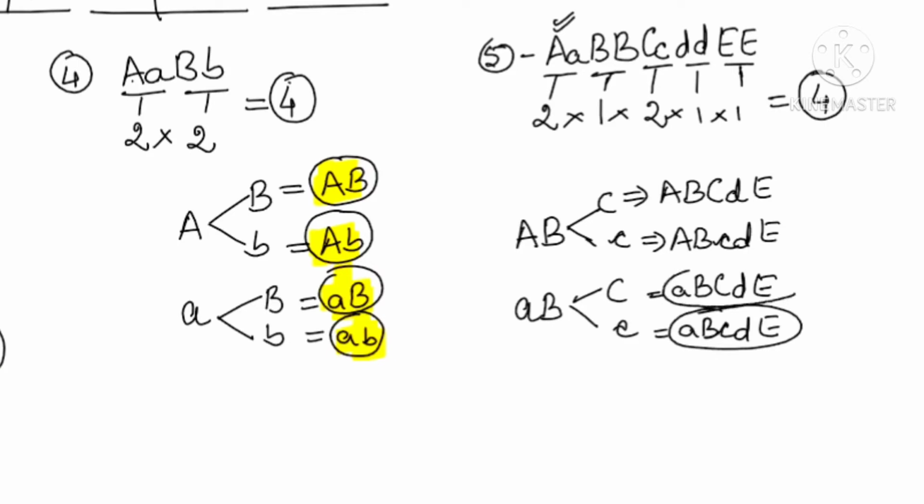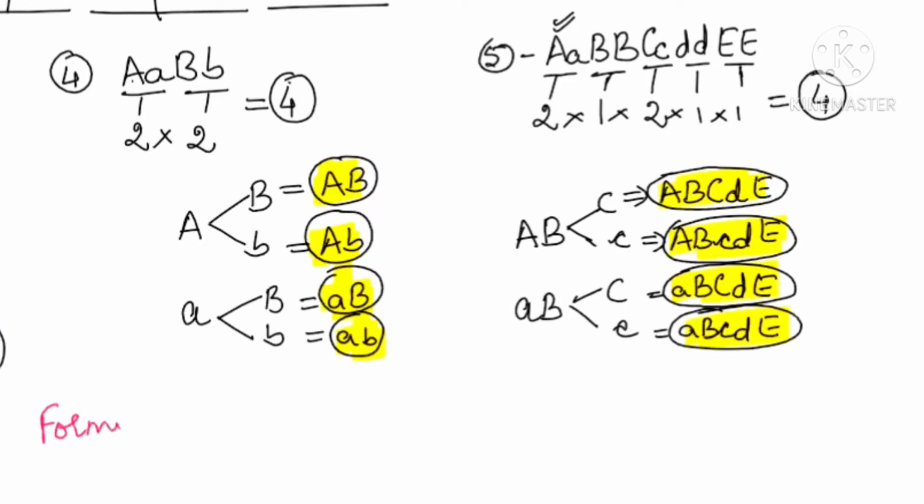So from this we can make one formula. Suppose they ask you how many gametes will be made if they are heterozygous. If you see in this fifth question number, how many are in heterozygous condition? You will find only two are heterozygous. So we can make a simple formula.